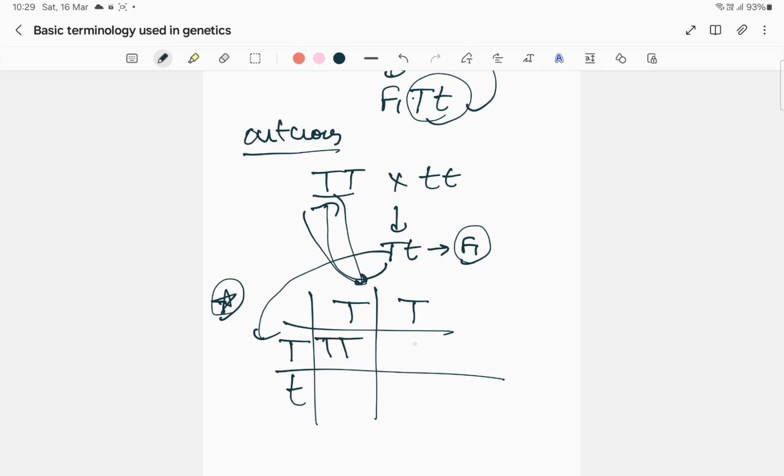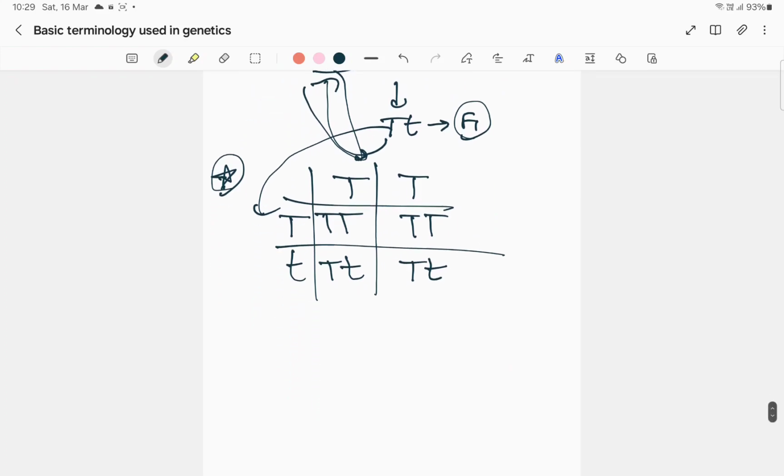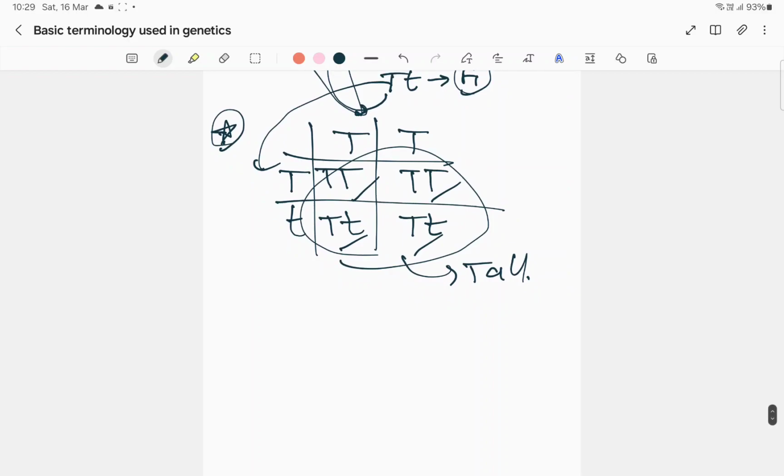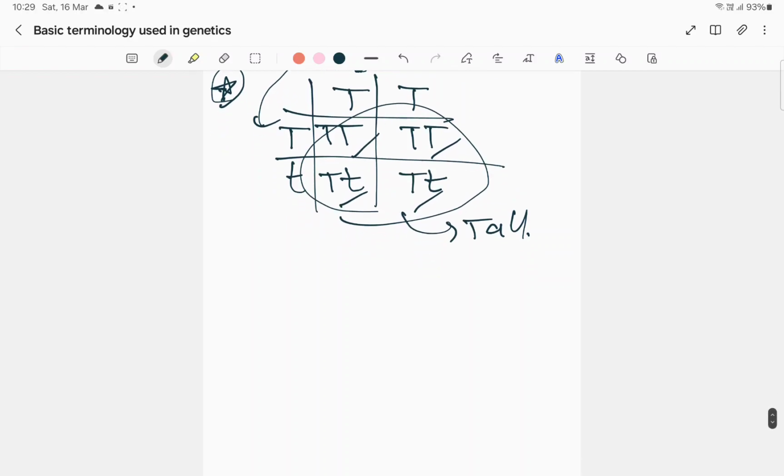See, capital T, capital T, capital T, capital T, capital T, small t, capital T, small t. All are showing the dominant characters only. All the plants in this generation will be tall. So all the progeny of the outcross generally show dominant characters.